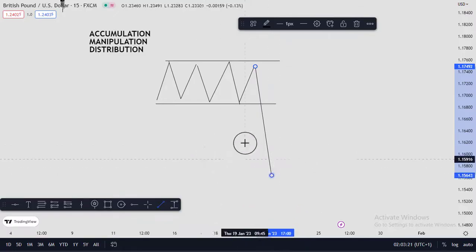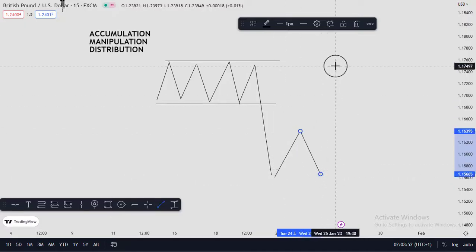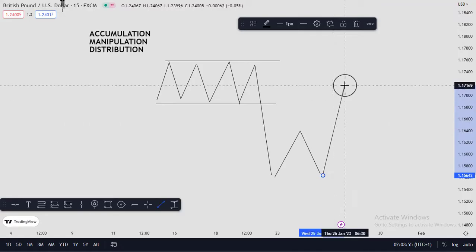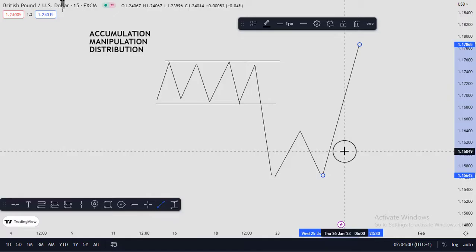Most times this manipulation is usually a sweep of liquidity either below that range of accumulation or above the range of accumulation, or price would usually sweep liquidity and trade into an institutional reference point below or above that time period of the accumulation before we begin to see the real price leg that creates the distribution move into buy side liquidity residing above the marketplace or sell side liquidity residing below the marketplace. That's all about the power of three concept.